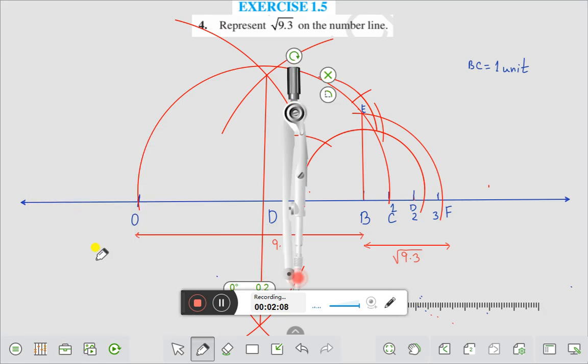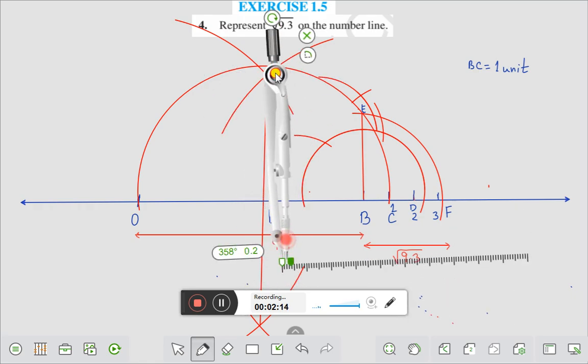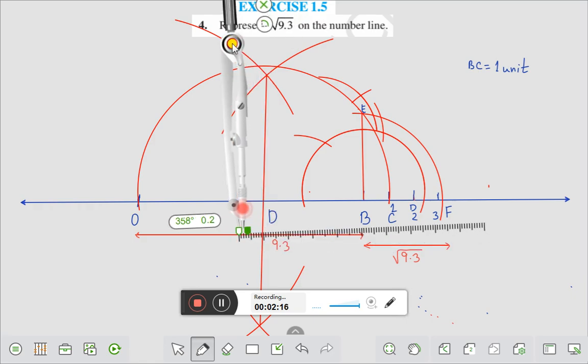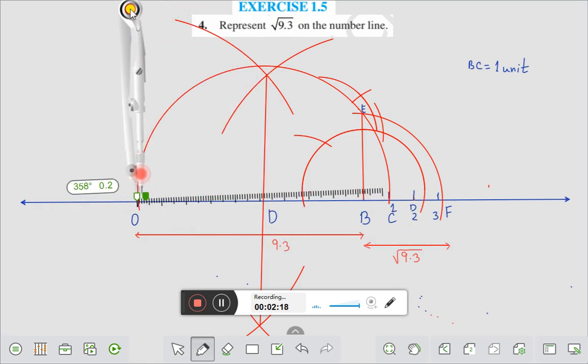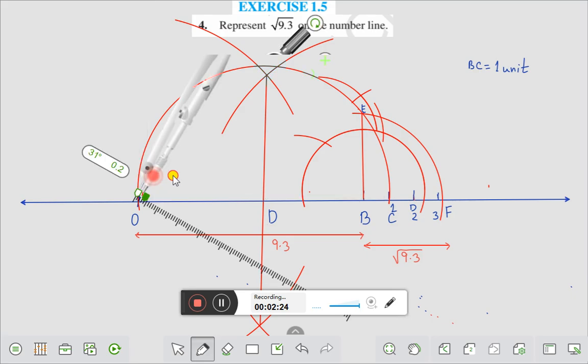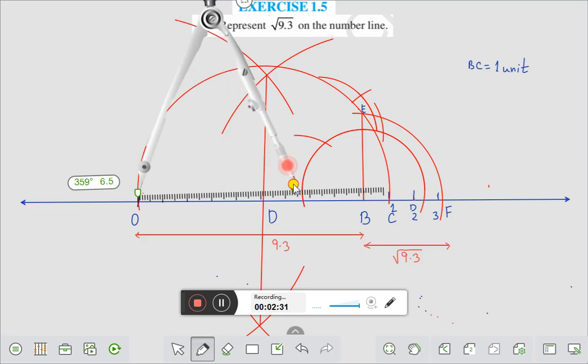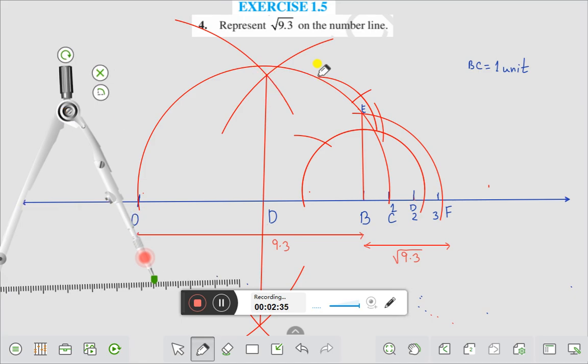How do we bisect this line? Here we have taken this point and a radius more than half, and we draw this. We bisect this line, right?